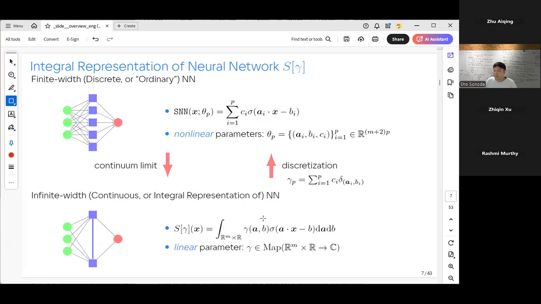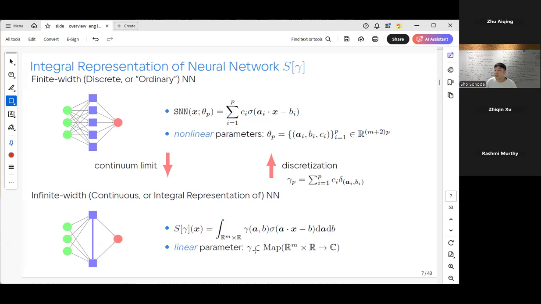And in the infinite neural network case, if we double this weighting function gamma, then the function itself will be doubled. And suppose we have two weighting functions, gamma 1 plus gamma 2. If we substitute gamma 1 plus gamma 2, then the function S of gamma will be summed, like S of gamma 1 plus S of gamma 2. Okay, so this is the linearization trick of a neural network. And in addition, it depends on the choice of the class of gamma.